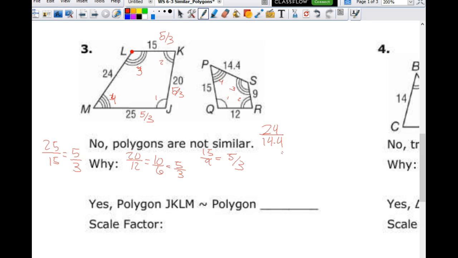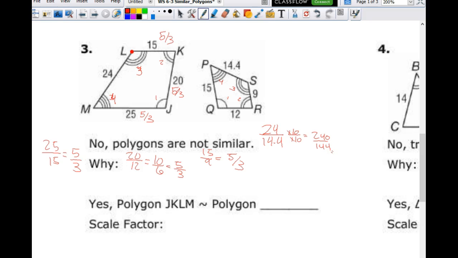Can you guys do 24 divided by 14.4 in your head? Okay. We're going to multiply both the top and the bottom, the numerator and the denominator, by 10. 24 times 10 is 240. 14.4 times 10 is 144.